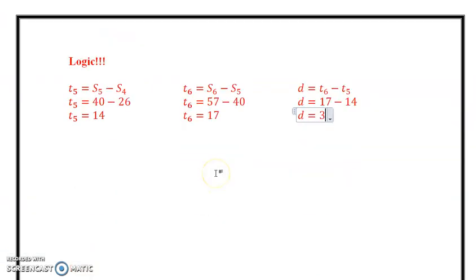So then you can just work backwards if you want, right? So we know that we have 17 as the 6th term, so the one before that, working backwards, is 14, that's the 5th term. Working back to get the 4th term would be 11. Working back to get the 3rd term would be 8.